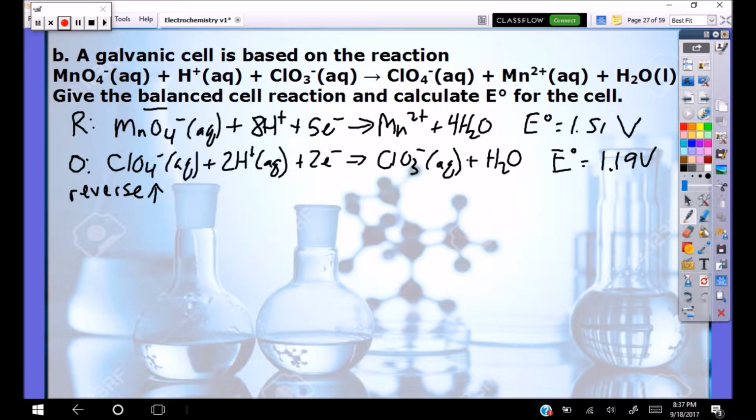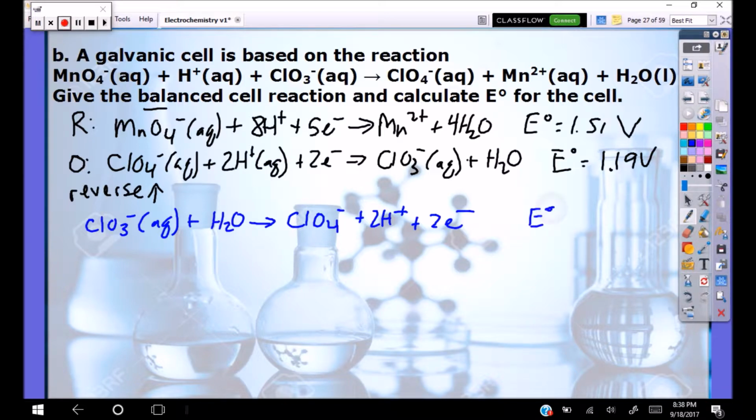I'll do that in a different color. Do blue. So ClO3 minus plus my water, and I'll get ClO4 minus plus 2H plus and 2 electrons. And when I do that, remember my cell potential becomes negative. So I got a -0.19, and this is gone.